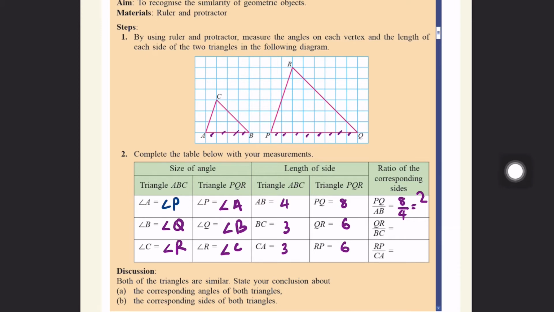Next, QR over BC. QR is 6, BC is 3, so 6 over 3 is 2. RP is 6, CA is 3, so 6 over 3 is 2. From here you can see that all the ratios of the corresponding sides have the same value, which is 2, 2, 2.